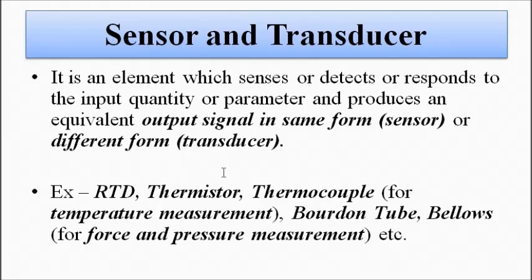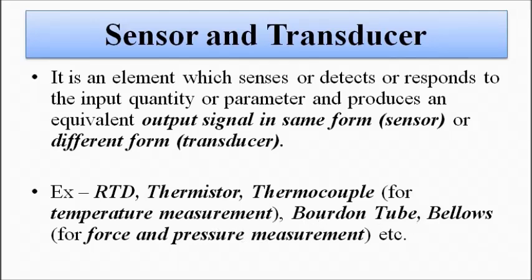When it gives an output in the same form, it is called a sensor, and when generally it gives an output in electrical form or a different form, that is called a transducer. So you can watch the sensors and transducers playlist. There I have discussed these things in detail, so I will not go into much detail here. Basic examples are RTD, thermistor, thermocouple, which are used for measurement of temperature, Bourdon tube, bellows, which are used for force and pressure measurement.